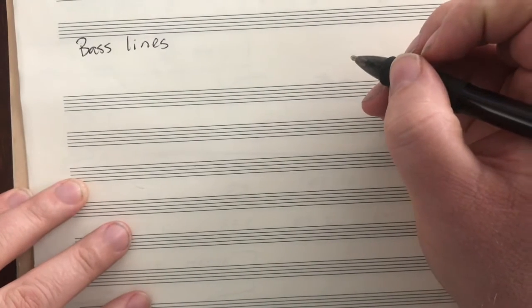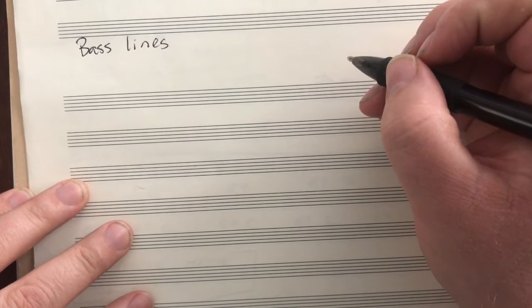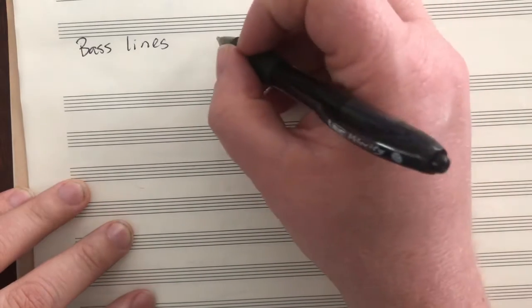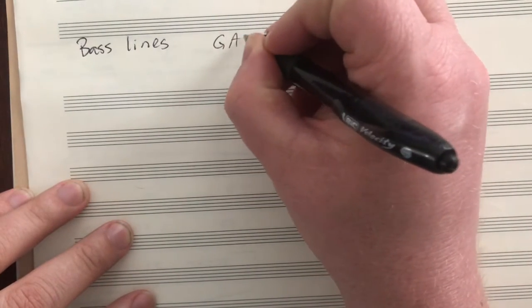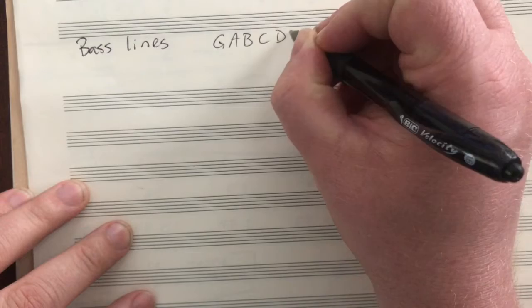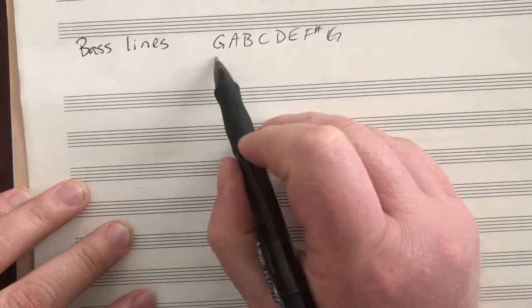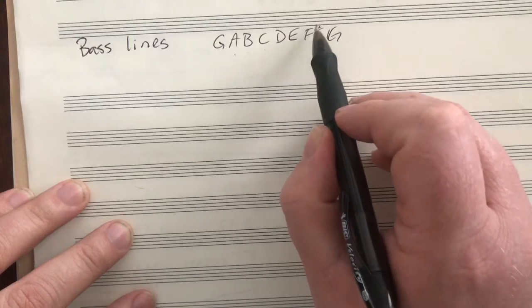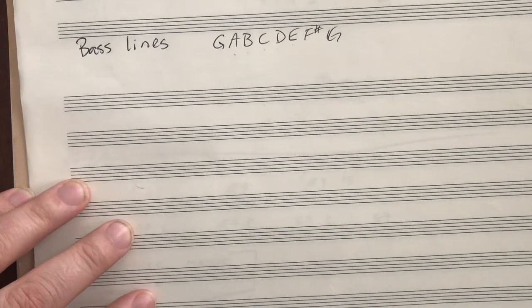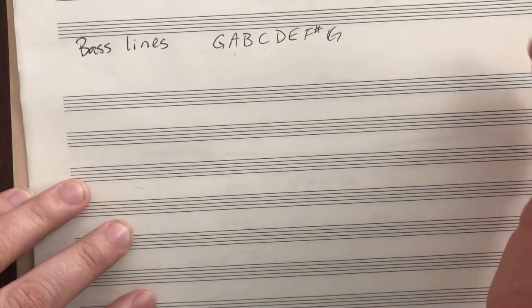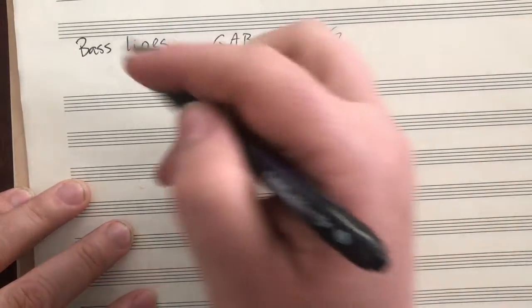So I have a chord progression. I'm taking this from the G major scale: G, A, B, C, D, E, F sharp, G. And I just want to set up 4 bars.